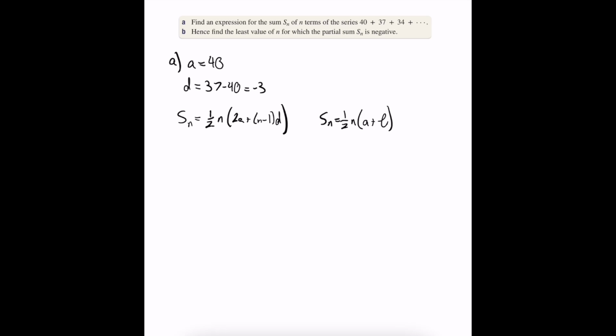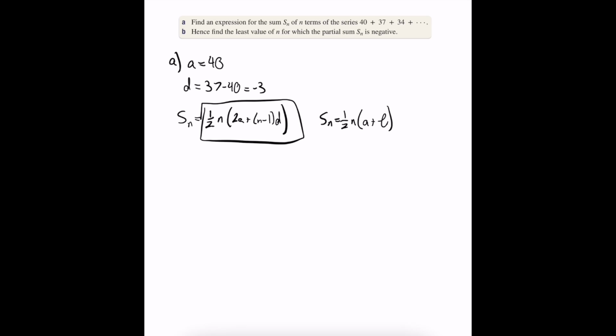We aren't going to use this for this question because this is an ongoing series and they don't define the number of terms. So we don't know what the last term is. That's why we are going to be using this formula instead, because we don't rely on the last term.